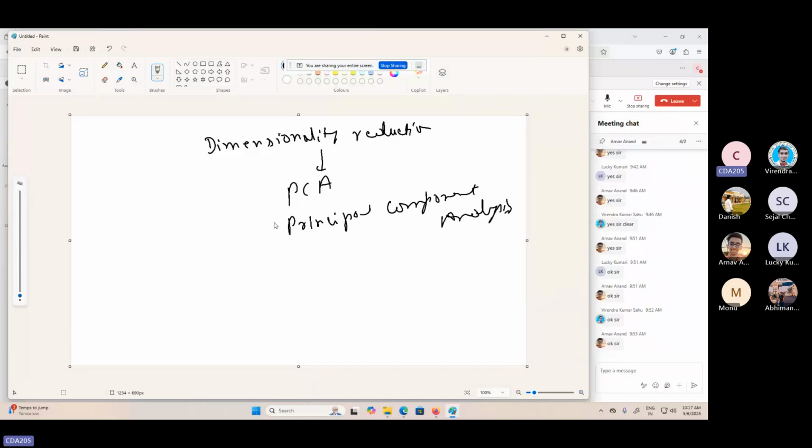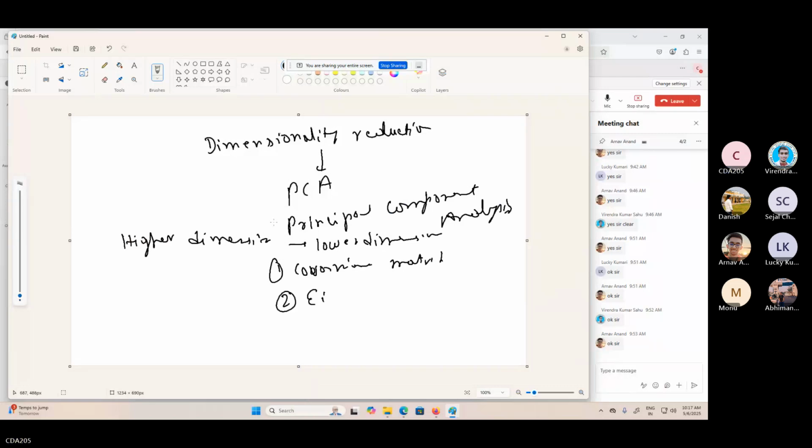We saw how higher dimension is converted into lower dimension. First of all, we have to calculate the covariance matrix. Then we have to calculate the eigenvalues and eigenvectors.